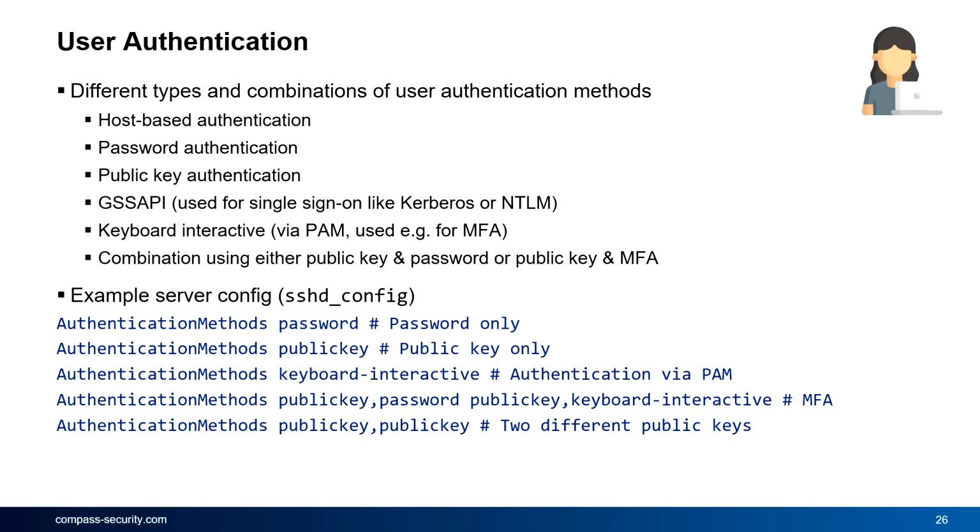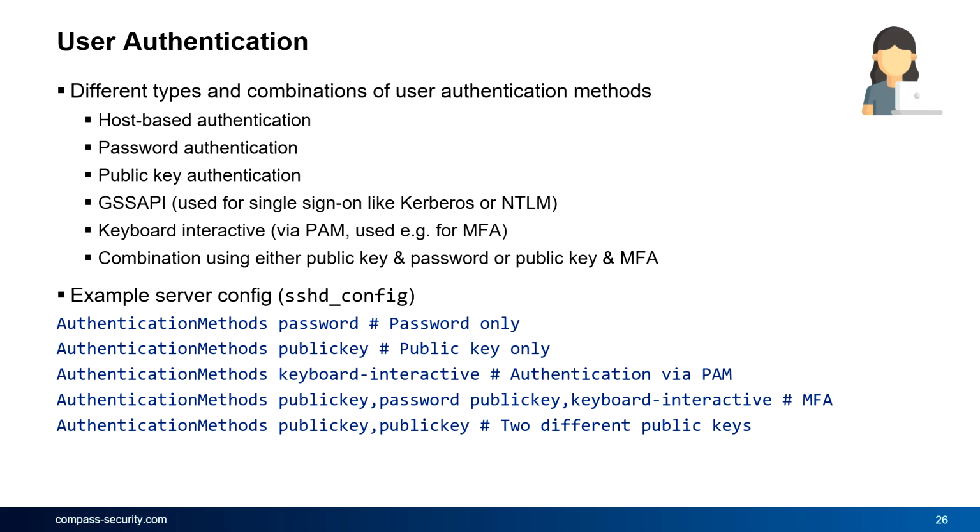In this case, with public key, password, this requires you to use a public key first and then a password for successful authentication. And then the next block is public key, keyboard interactive. This means that first you have to authenticate using a public key, and then the authentication is handled via PAM, and PAM could, for example, ask you for a second factor.